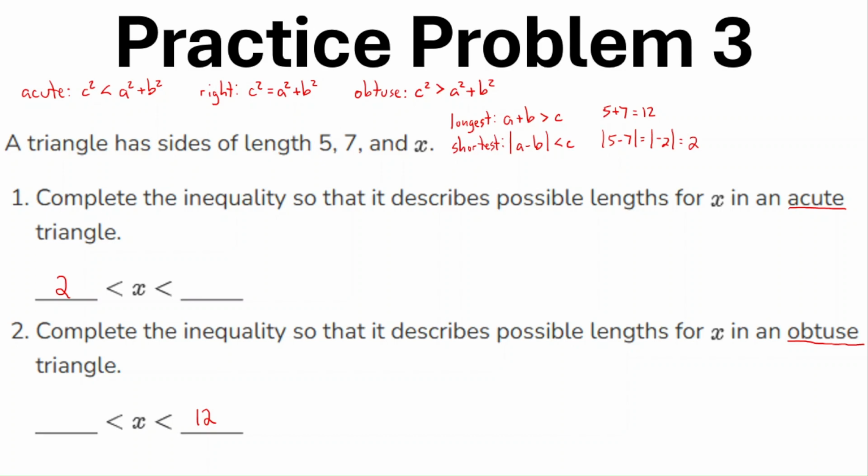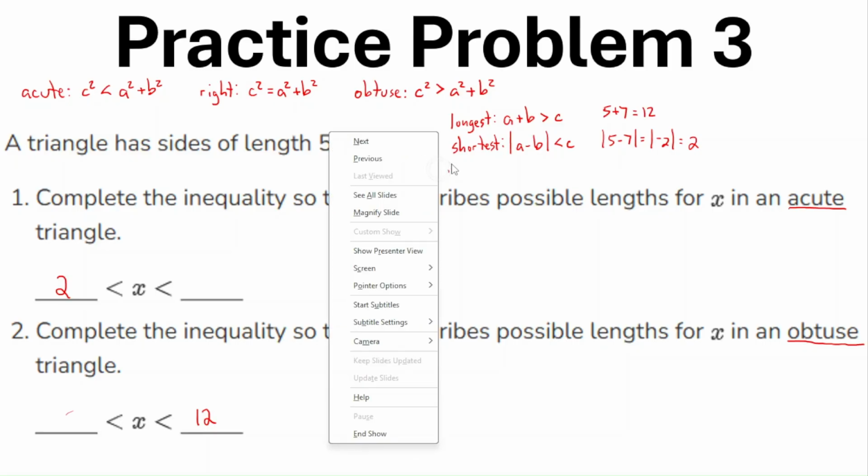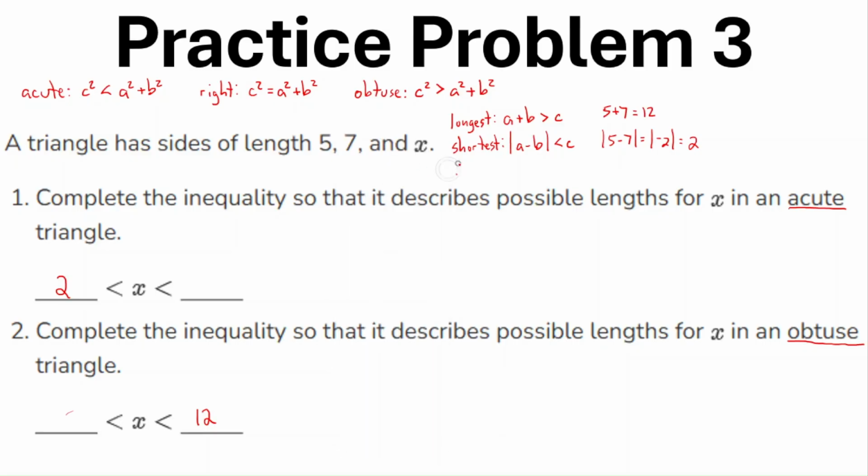So now what we need to find is where is that length that's going to make it a right triangle. So we're going to set up the Pythagorean theorem, and we're going to say for the midpoint, this is when we're going to have a squared plus b squared equals c squared.